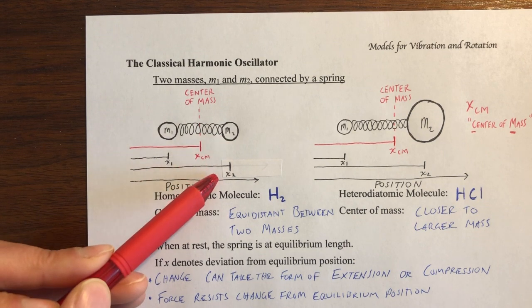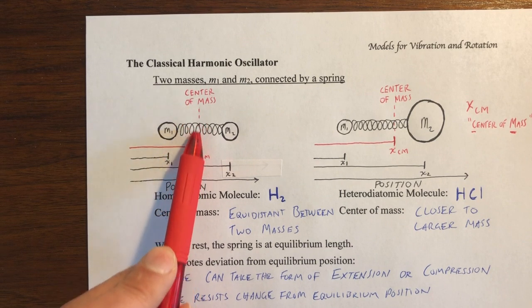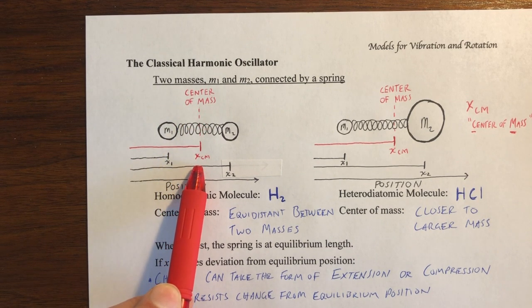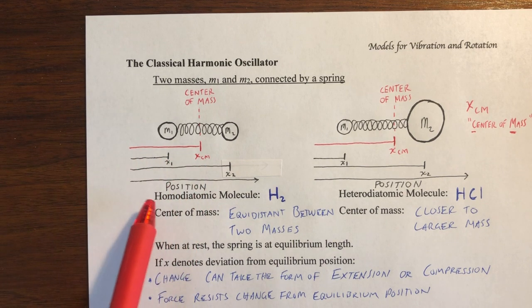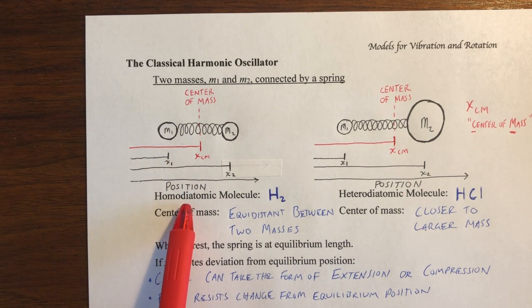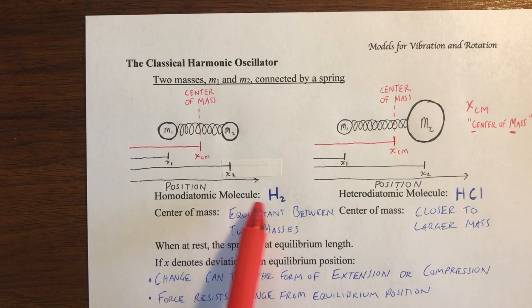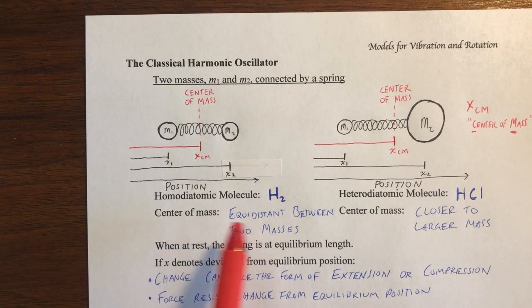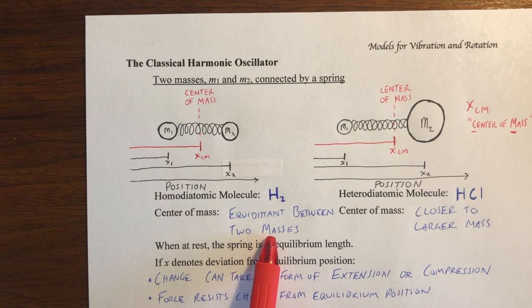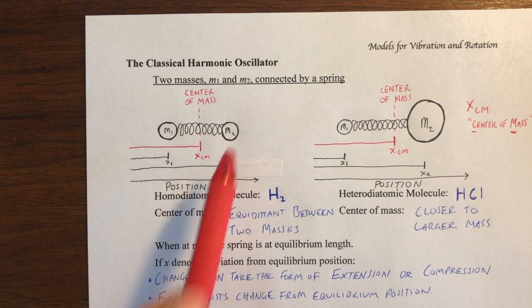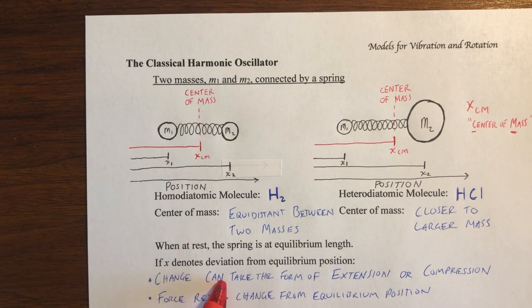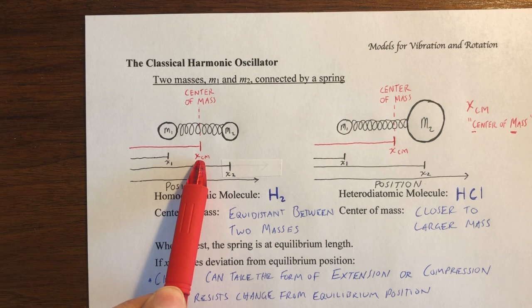Mass 2 shows up here at x2. And right in the middle, we have our center of mass, xcm. So for something like a homodiatomic molecule, meaning the same two atoms, like hydrogen, the molecule, our center of mass is going to be equidistant between the two masses. So if mass 1 and mass 2 are the same, for example, if they were both hydrogen, our center of mass would be right in the middle.